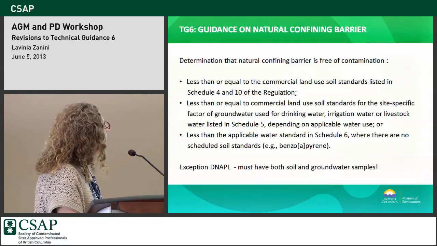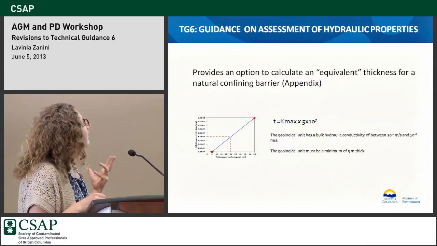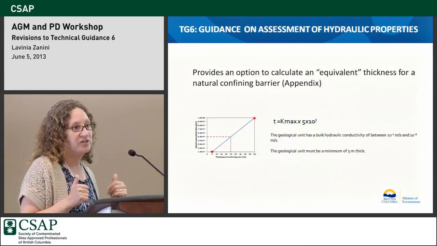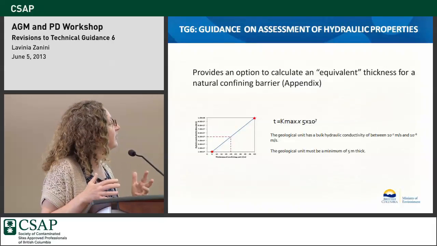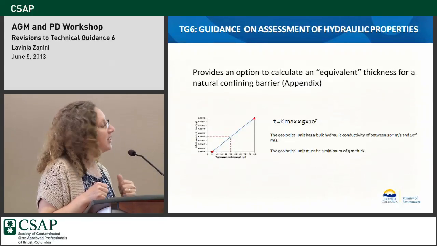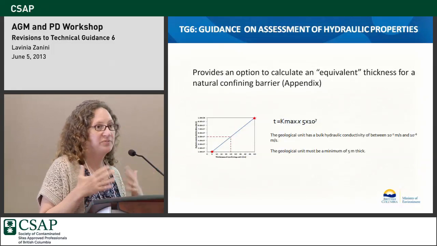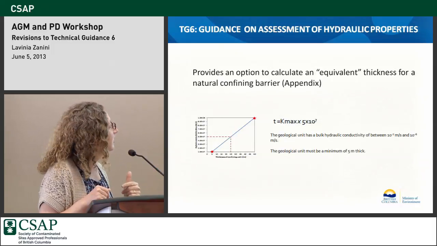We've included, under assessment of hydraulic properties, the equivalent thickness for a natural confining barrier. Many of you might have seen this already. It was presented at some of the CSAP workshops and presentations before.